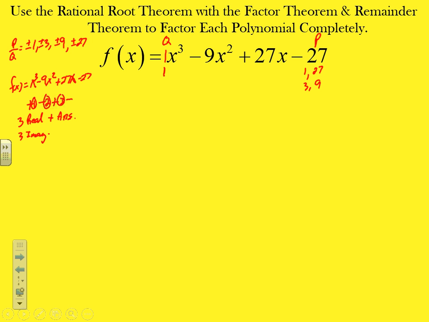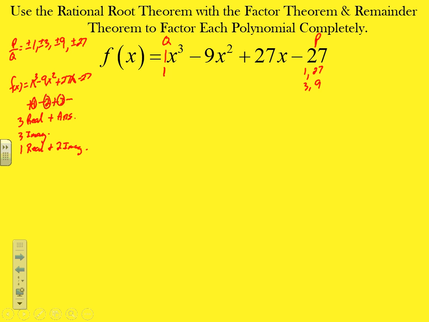So that means I could also have 1 real answer and 2 imaginary answers. Those are the possible combinations: 3 real positive roots, 3 imaginary roots, or 1 real positive root and 2 imaginary roots, because we have to have 3.